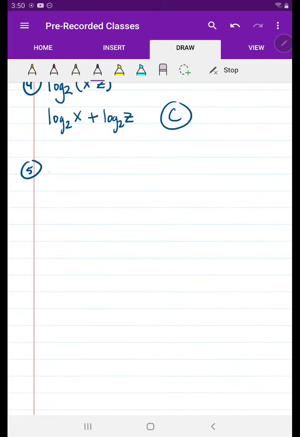Going on to number 5, we have log base 9 of xz squared all over y cubed, and this is another one that we have to rewrite in expanded form. So we've got multiplication and division here.